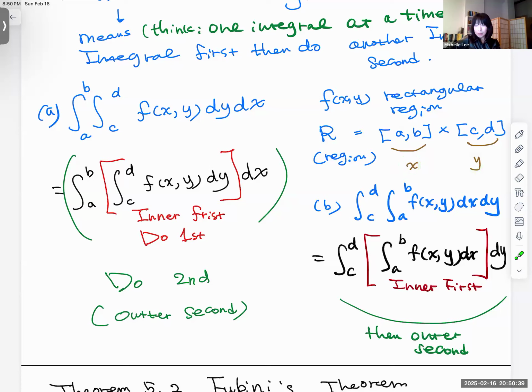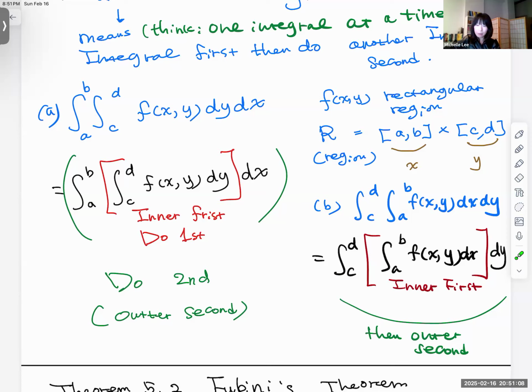So we are using definite integration. Can you see that? Okay, let's take a look at the second one. We have the function and then dx, dy, which means we integrate the inner first, which is with respect to x, and then the outer with respect to y second. Can you see the difference?